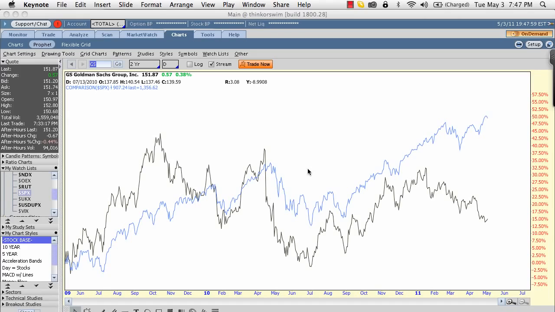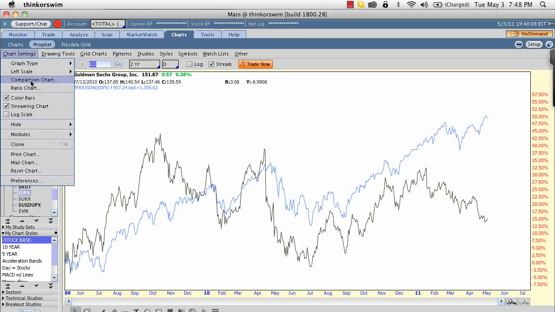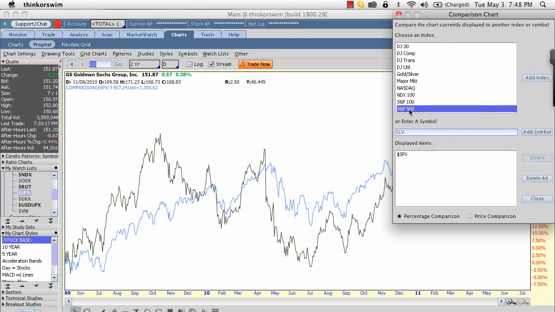So you can see two different charts on one screen, and then you have the percentage returns on the right-hand side. To get this chart, I went to the chart settings, went to comparison chart, and then I added this S&P right here. I can add another one if I want to. I can add a bunch of them if I want to as well.